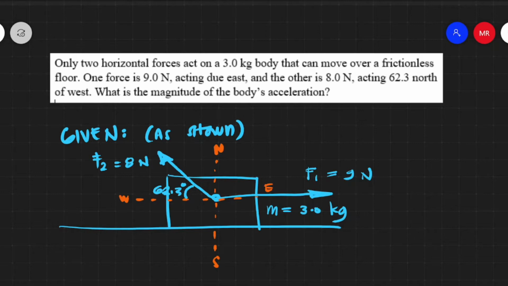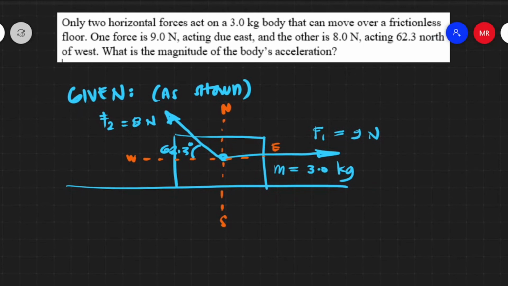So we have now two forces, and we are required to get the acceleration. So what is the magnitude of the body's acceleration? Of course, the body will accelerate horizontally. So we are looking for acceleration sub x, or the horizontal acceleration.